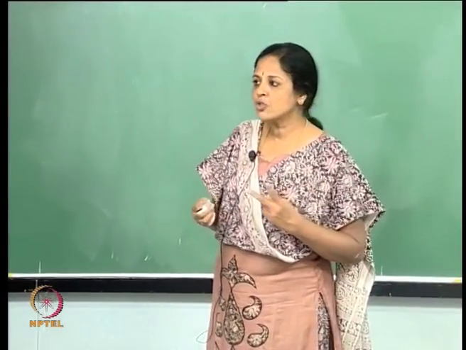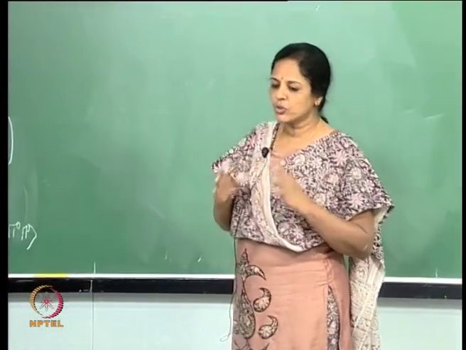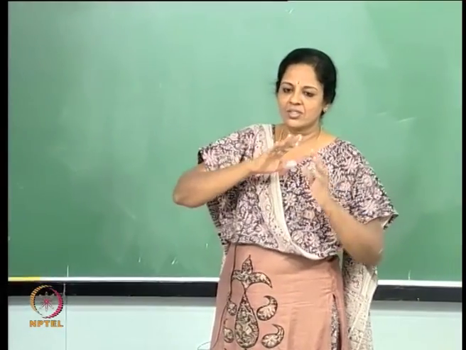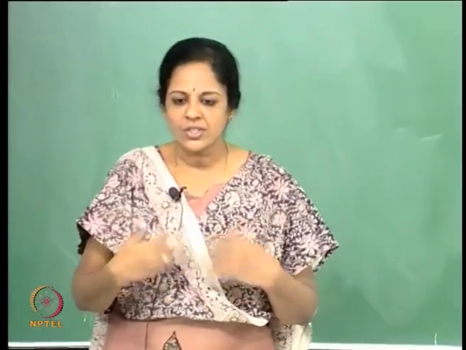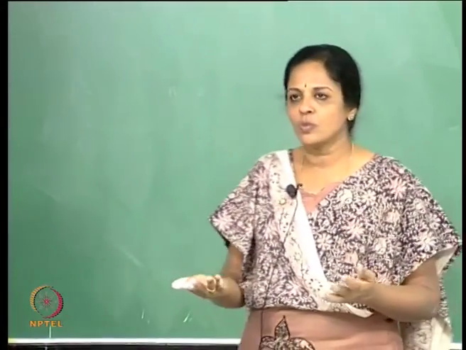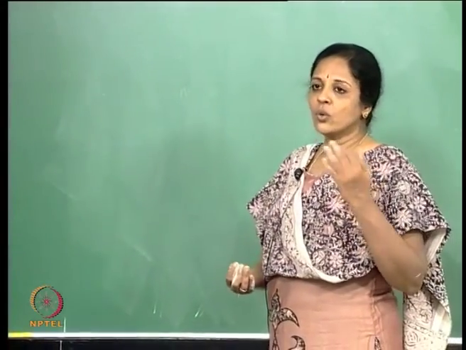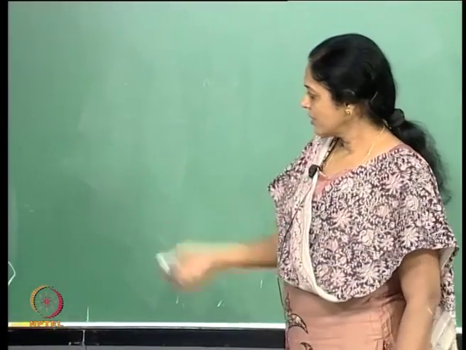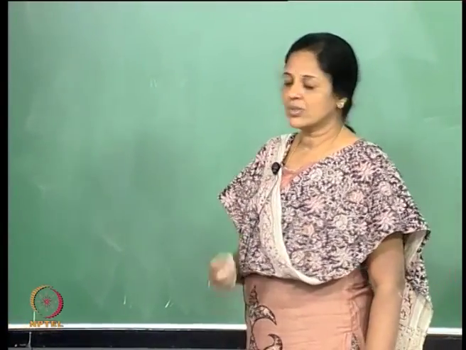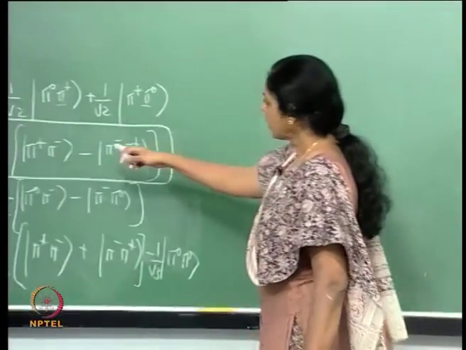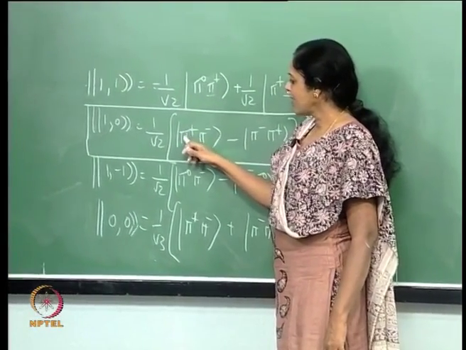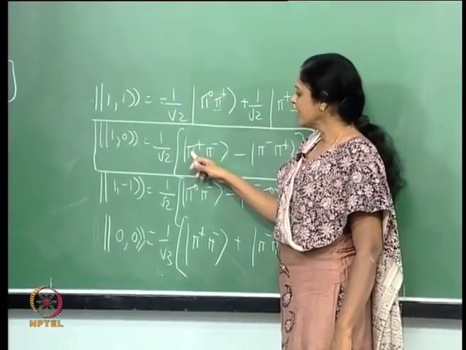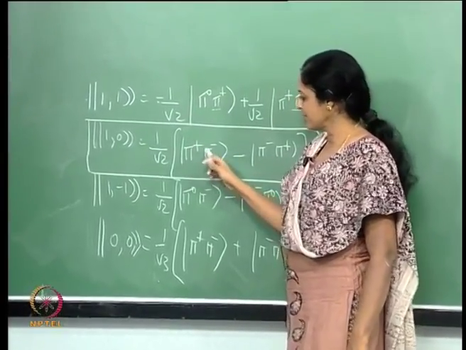They also happen to be isopartners, in the sense if you take a pi 0 and take its Iz value to minus Iz, nothing changes. It is its own partner. Pi naught goes to pi naught under Iz going to minus Iz, because the neutral pi naught has Iz equals 0. Whereas pi plus and pi minus are isopartners. When I take Iz equals 1 to minus 1, I get pi minus, and vice versa.